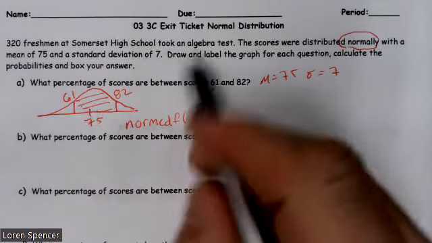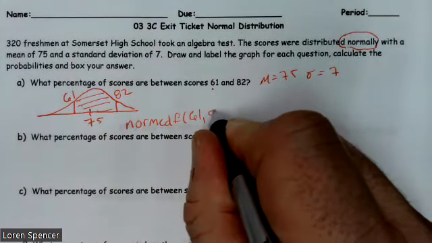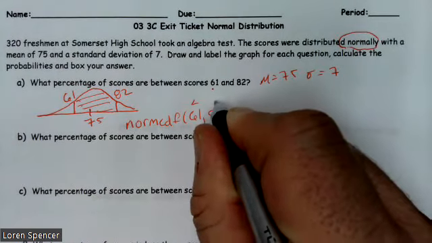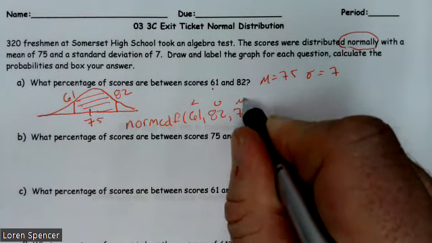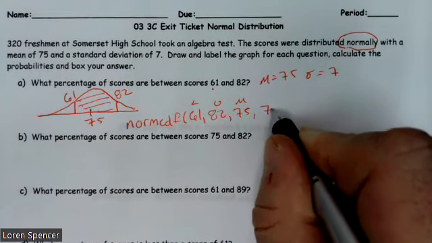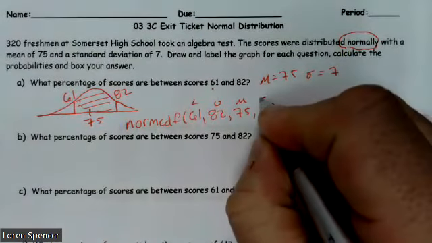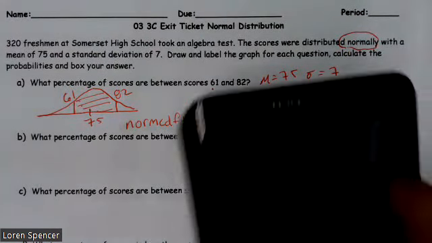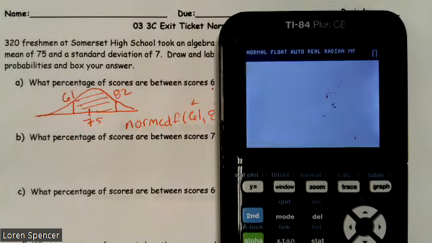The lower part of my shading is 61. The upper part of my shading is 82. Lower, upper. My mean is 75, and my standard deviation is 7. Make sure we label those. So, calculator, second, vars.